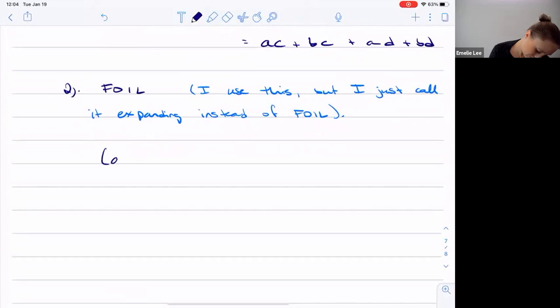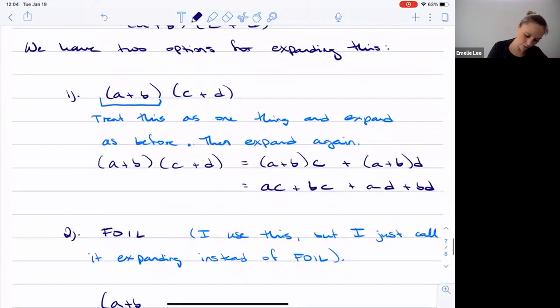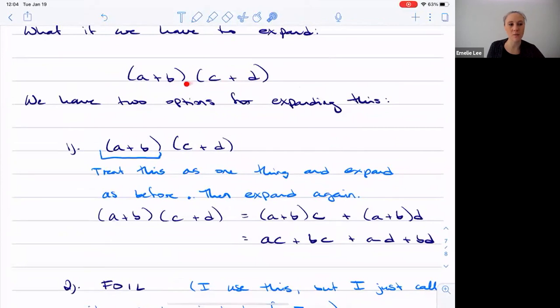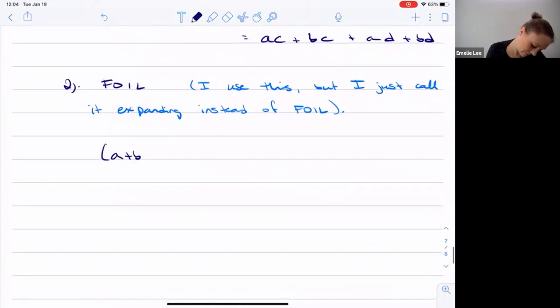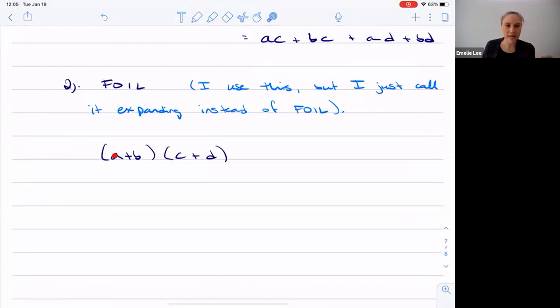But we've got the same situation, right? So here, we're just trying to expand this. So I'm showing you two ways of expanding this. And so if you know how to do it, then you know how to do it already. Don't worry about it. Okay, so to expand this, what we do is I'm going to take this a, right? So each term in the first block, I'm going to multiply by each term in the second block, right? And then I'm going to move on to the second term, and I'm going to multiply by each term in the second block as well.